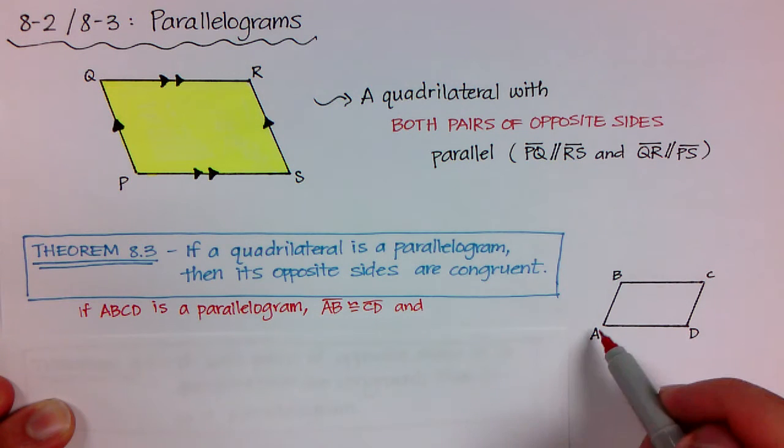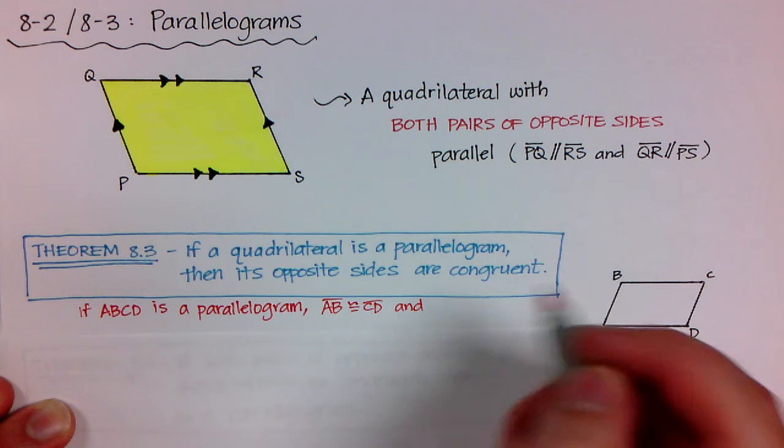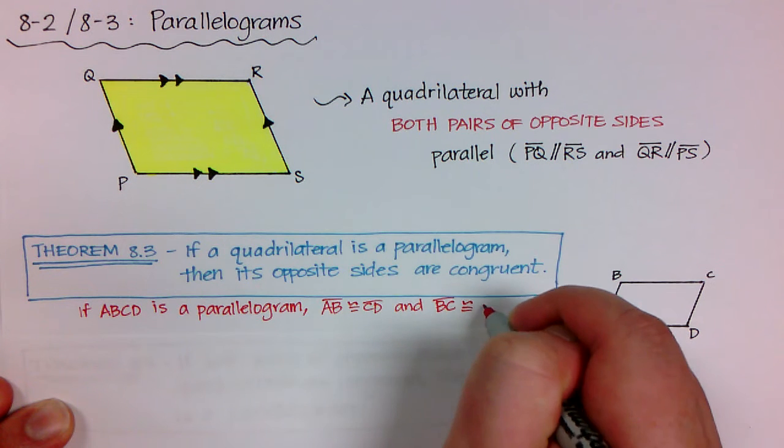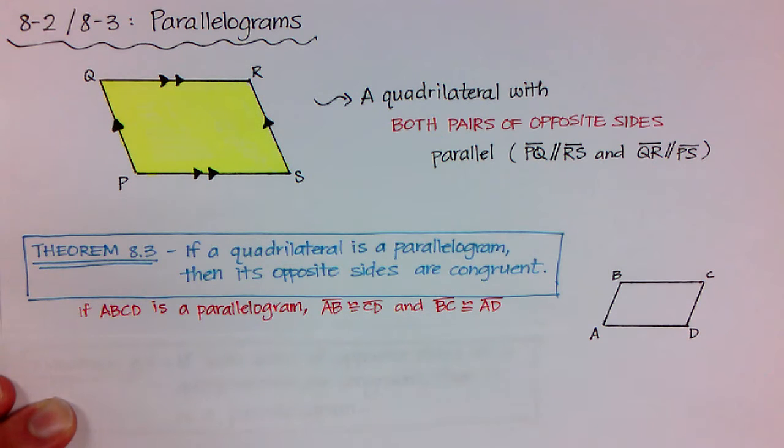And also, BC and AD are also congruent. BC is congruent to AD. Okay, so that's what this first theorem is talking about. If you're starting with a parallelogram, you automatically know this information.